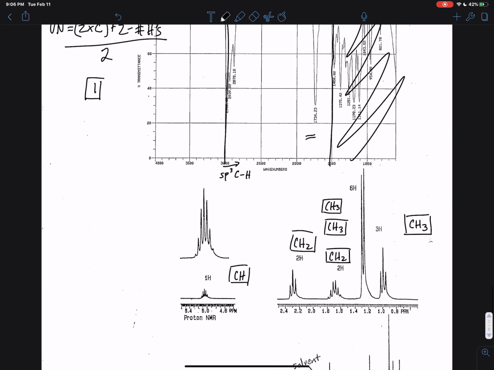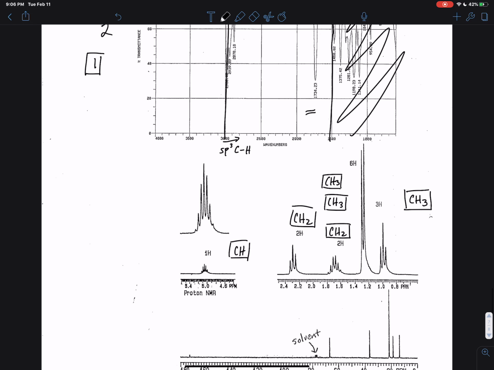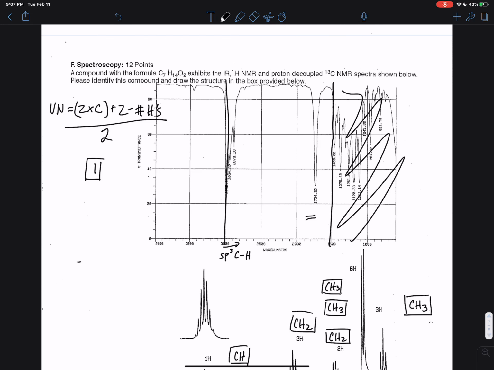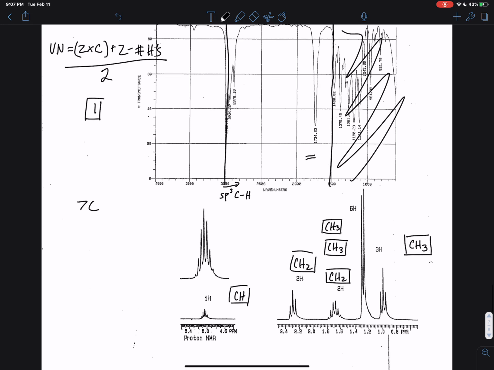So now what I like to do, just to avoid making any more mistakes later on, is count the number of carbons, and even hydrogens if you want, in order to confirm that you got the correct number on your paper. So let's go back to our molecular formula and count it out, okay? So right here, we are supposed to have 7 carbons, right? So let's check in our boxes.